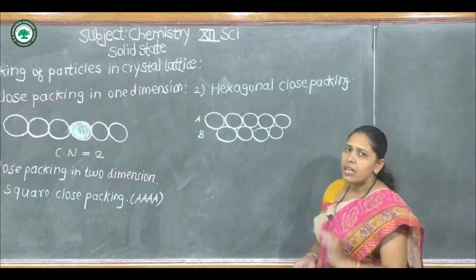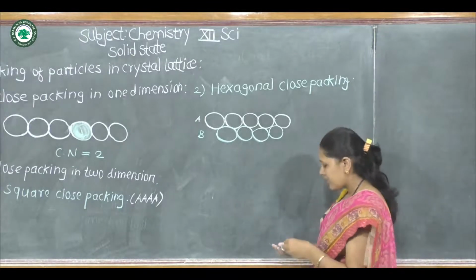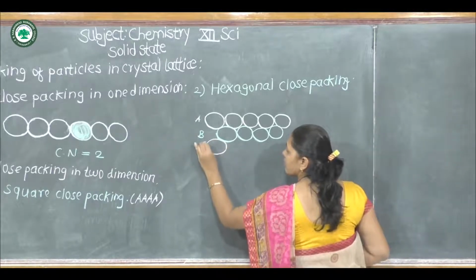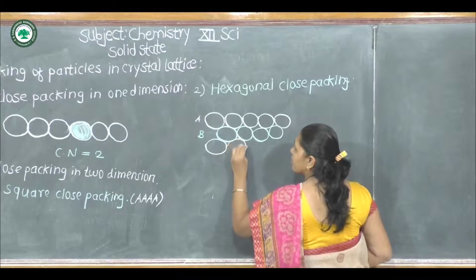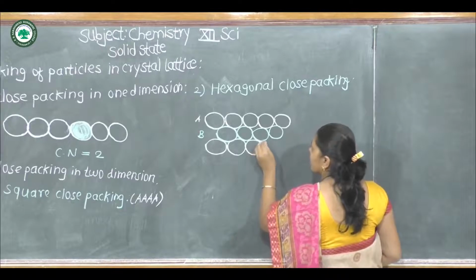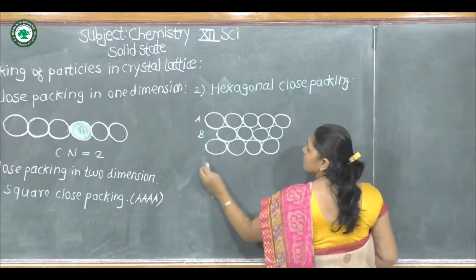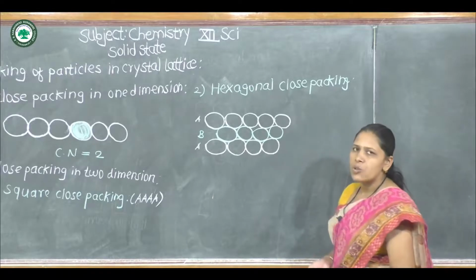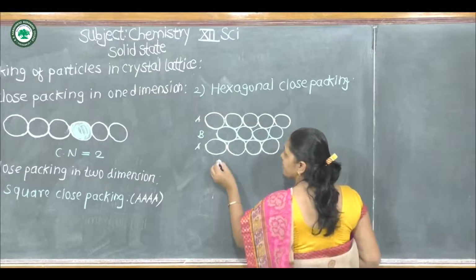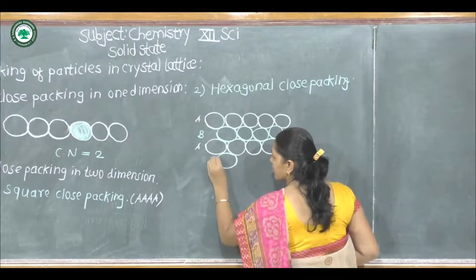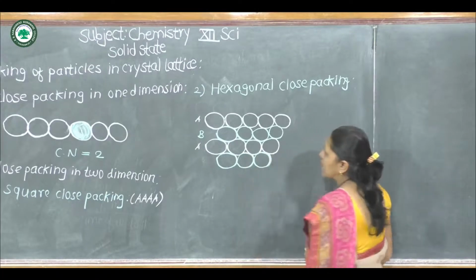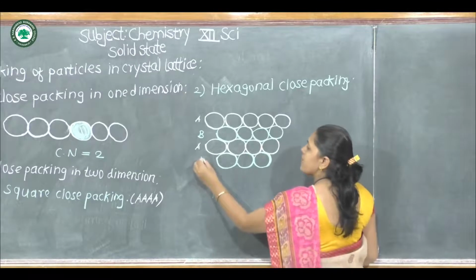Alternate rows are identical, so the third row is again A type, and the fourth row is of B type.